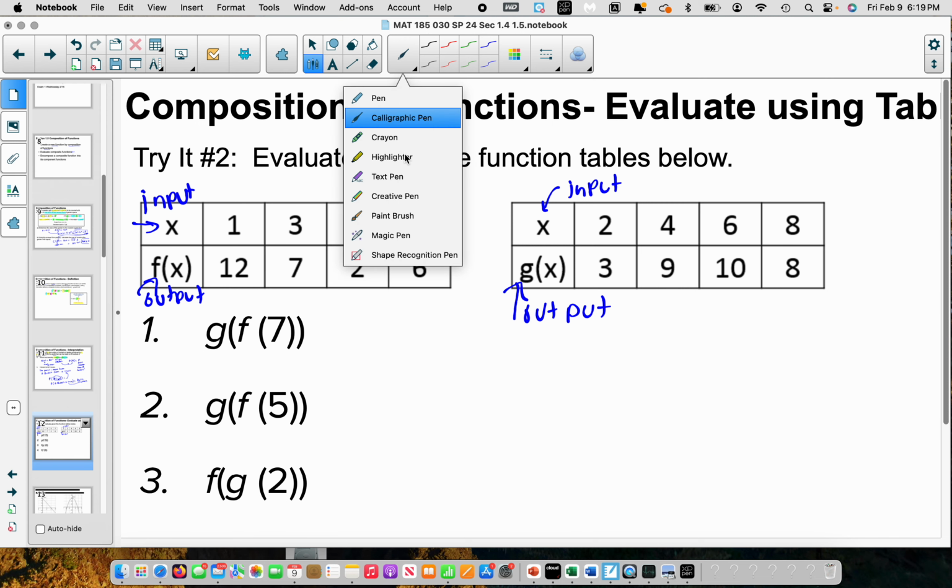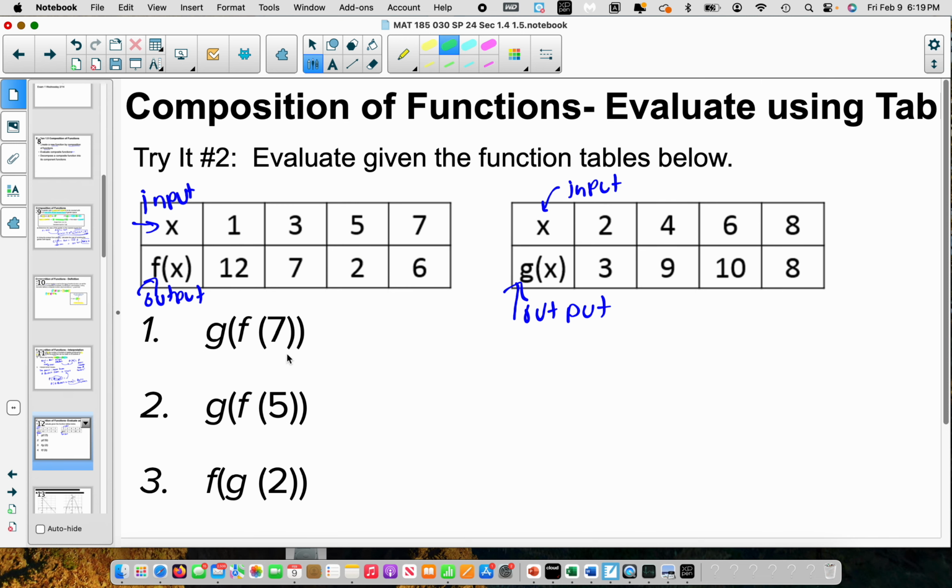I'm just going to do a couple of these. This one says evaluate my function f when my input is 7. Here's my function f. When my input is 7, my output is 6. So f of 7 is equal to 6.